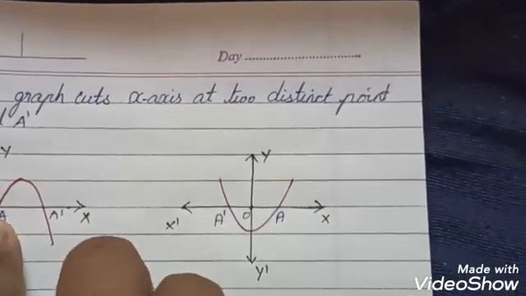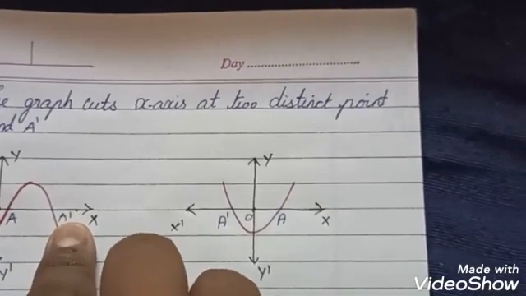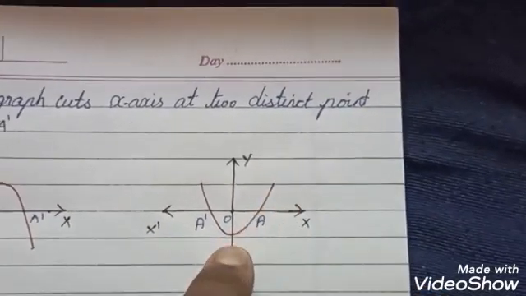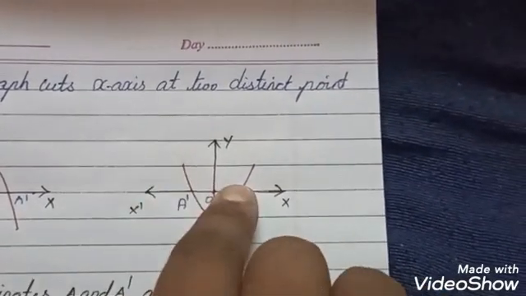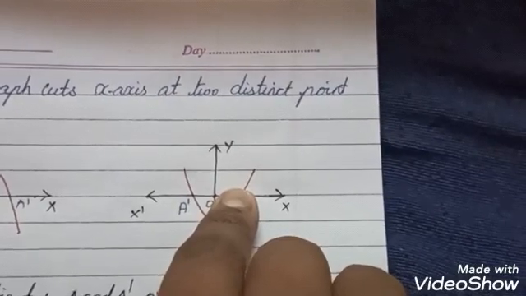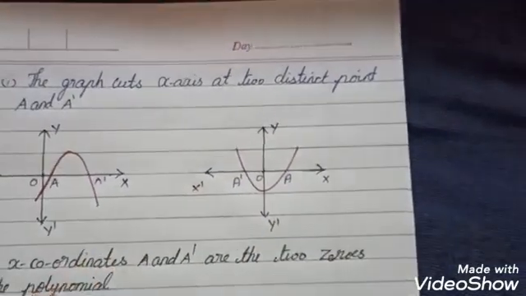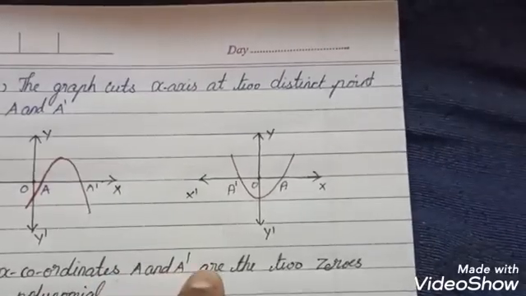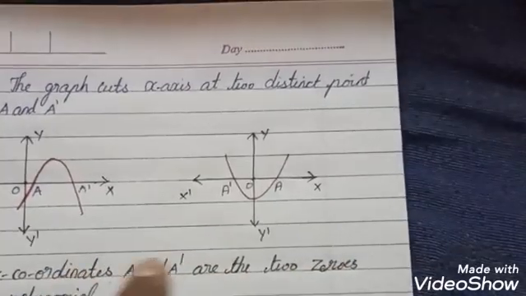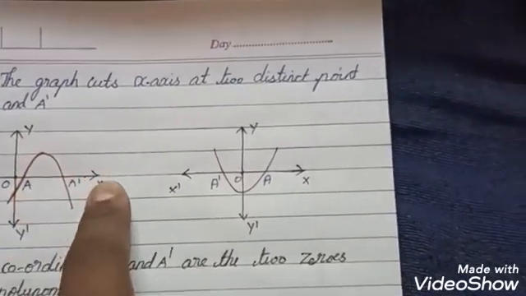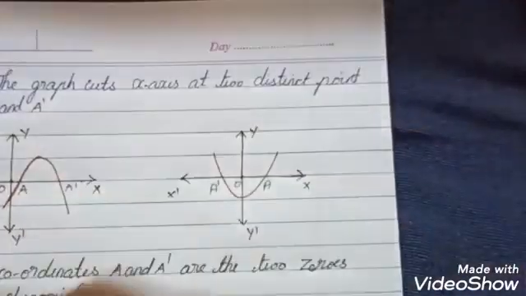So a and a dash are the points intersecting the x-axis. The same way, look at the second diagram. Again we take only the x-axis points, a and a dash. So the x coordinates a and a dash are the 2 zeros of the polynomial. Here the intersecting points are 2, so we conclude there are 2 zeros of the polynomial.